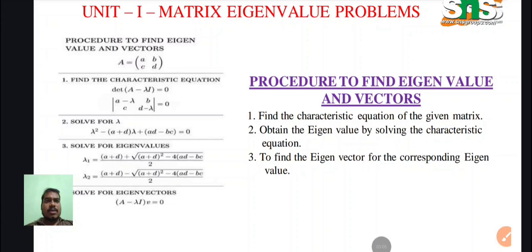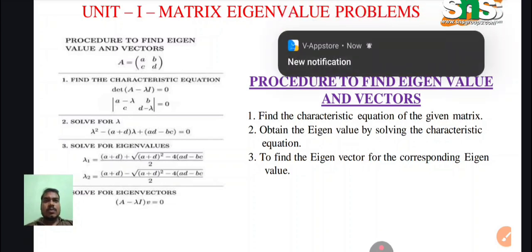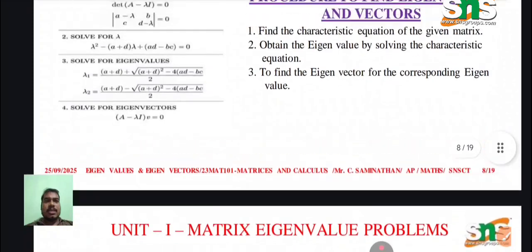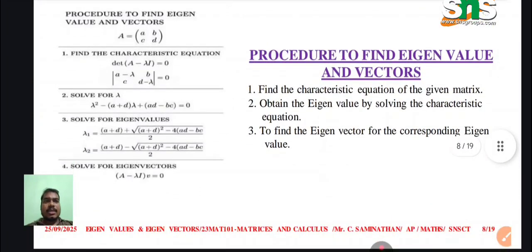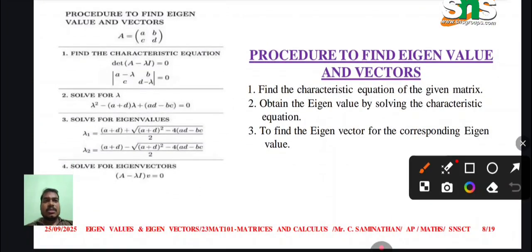Let us see one example. Consider A equal to [a b; c d]. Finding the characteristic equation, which means the determinant of A minus lambda I equal to 0. Therefore, the determinant of this matrix A minus lambda I equal to 0.